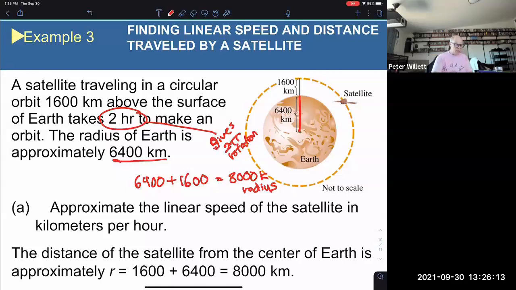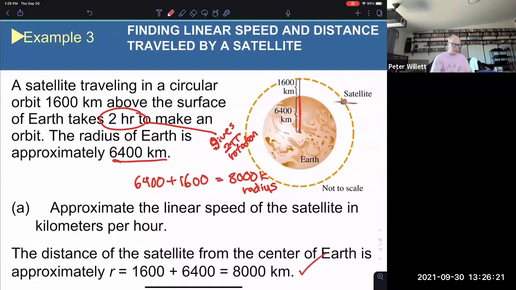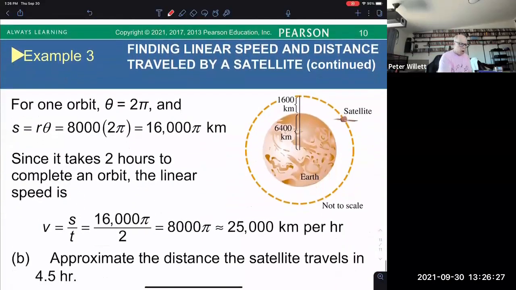All right, so in A it says approximate the linear speed of the satellite in kilometers per hour. So first they find that radial length of 8,000, as I did above, because you need the r. And they point out that for one orbit, that's 2 pi, which is what I described above.